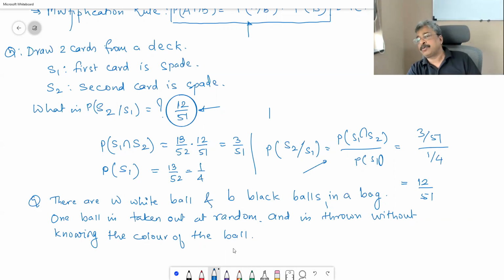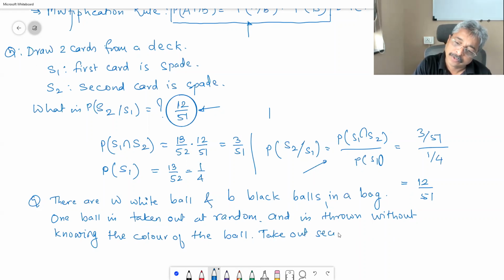You just take out once, close your eyes, take out one ball and throw. You don't know what that color was. And take out a second ball. What is the probability that the second ball is black?